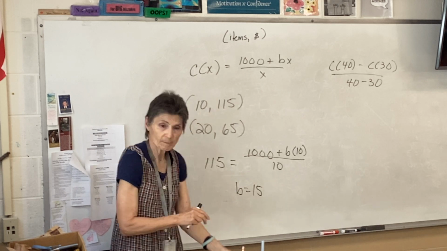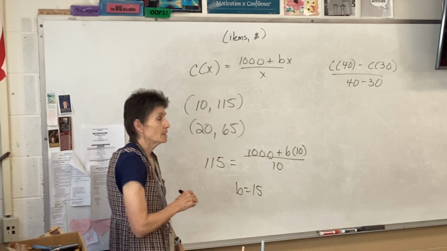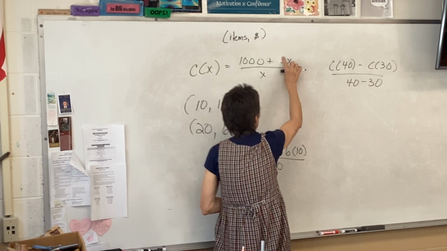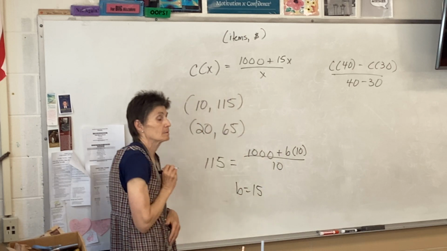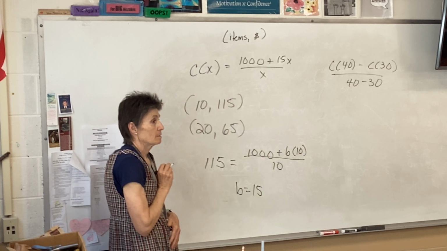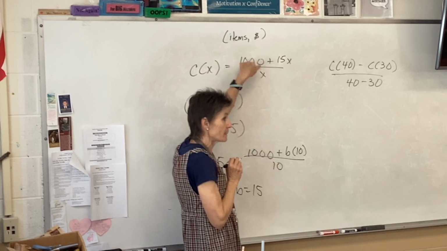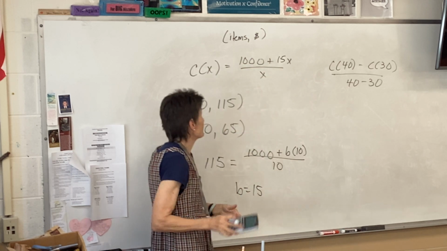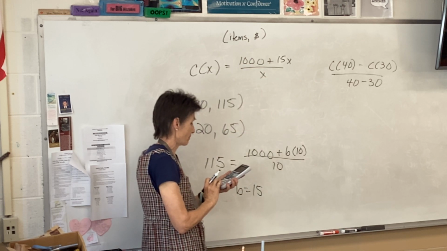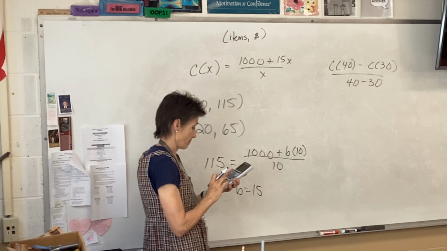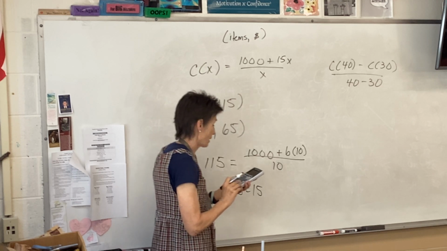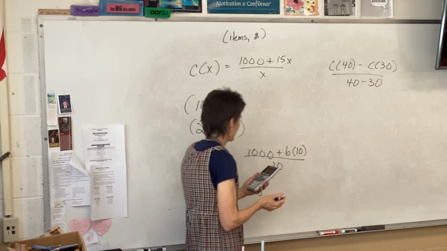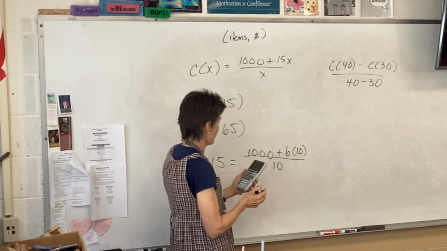I'll let someone check me. 15's right? So now I can put 15 right here. Now can I find C of 40? Yep. So C of 40 is that 40? Did you get 40? Yeah.